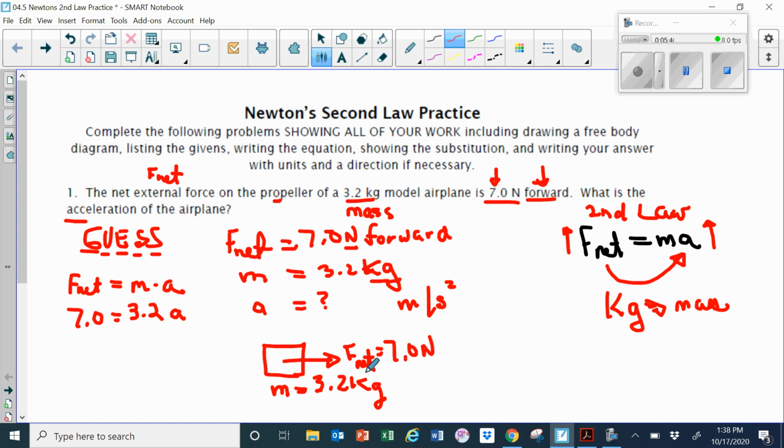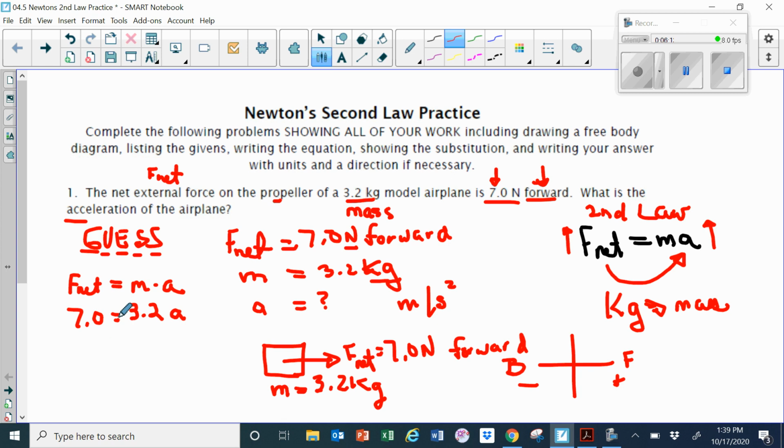So the sum of all the forces acting on this propeller of this airplane is 7 newtons, and that's forward, so that's going to be positive, right? That's what the free body diagram would look like. If you did a compass, it would look like this: forward, positive, and backward, negative. I kind of backed up and did that, so let's go back and solve the problem.